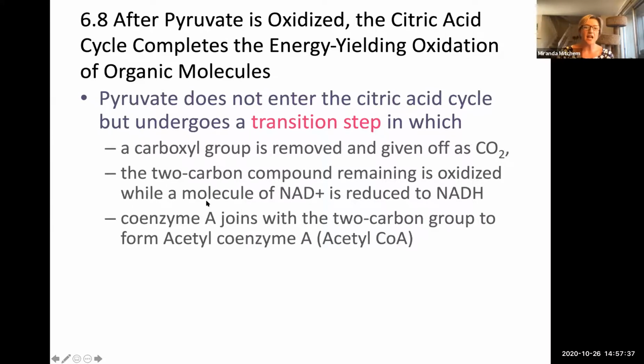There is an enzyme called coenzyme A that comes in and bonds with the remaining 2 carbons that are left. And now this is called acetyl coenzyme A, or acetyl-CoA for short. The citric acid cycle begins with 2 molecules of acetyl-CoA. That is the starting material, 2 molecules of acetyl-CoA.